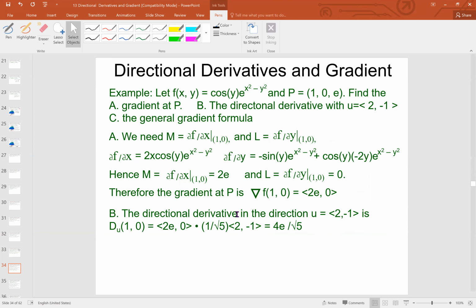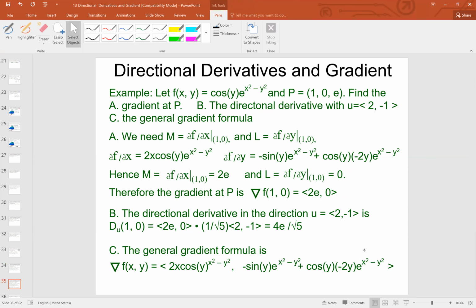The directional derivative in that direction is equal to root 1/5, the unitized vector. These are the unit vectors of unit direction. So you dot with that and you get the directional derivative. And this is a general gradient formula with x and y, whatever x and y are.